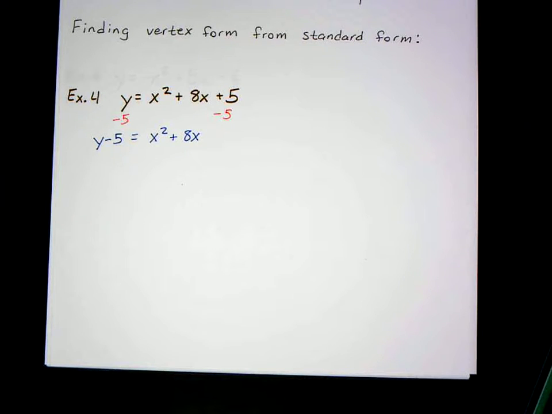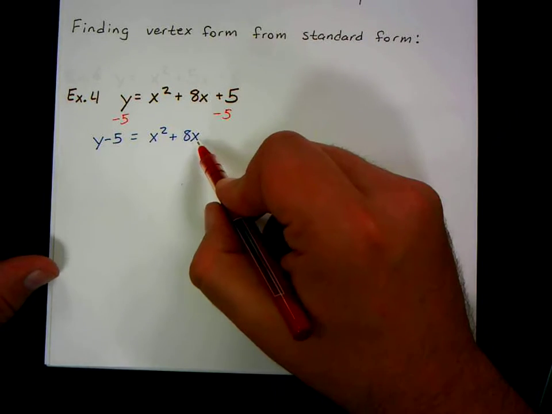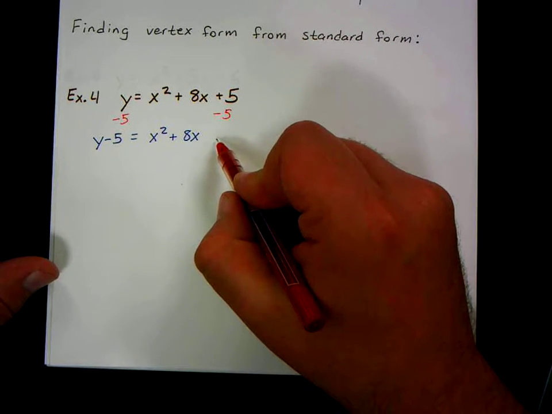Okay, so what I want to do is create vertex form. The difference between vertex form and standard form is that square. In order to create that square, I have to complete the square, exactly like what we did yesterday. So what number would I need to add on here? 16.